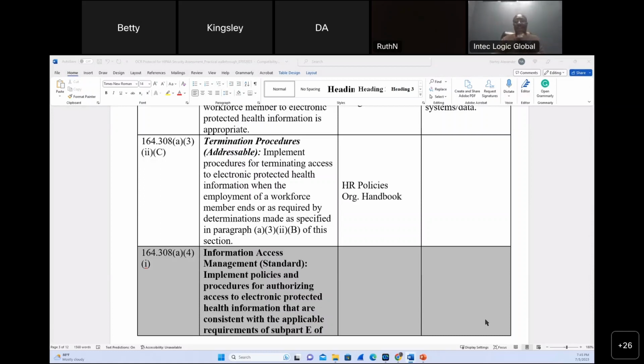Anybody? Can somebody try? Yes, Sabria. Probably a checklist on deactivating from the system. You might see something like that. That is correct, right? That is a termination process. So when somebody is terminated, what process do they follow? Termination of access, right? Any exit interview, what process have they put in place?